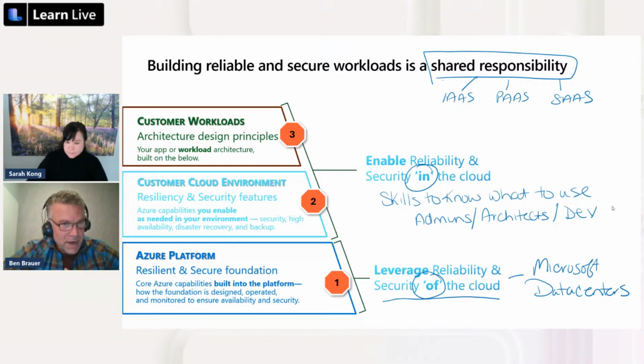One caveat is if you happen to have an MSP, a managed service provider, or another type of partner like this, they could potentially act on your behalf in terms of securing and making your applications reliable. To do something like that, that's a different service level agreement with a different partner. So keep that in mind as you think about what kind of operating model you want for your cloud.